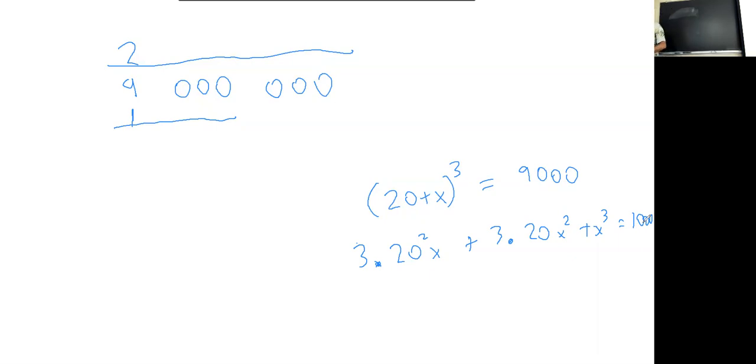We should write that as, say, 20 squared is like 1,200, plus x. No, sorry, I got it wrong.